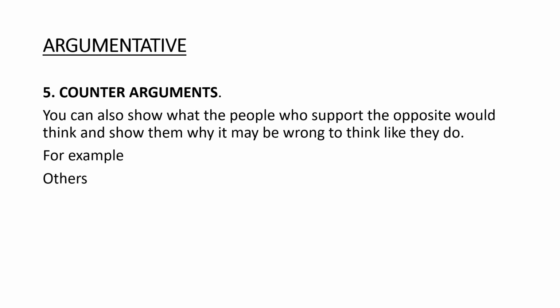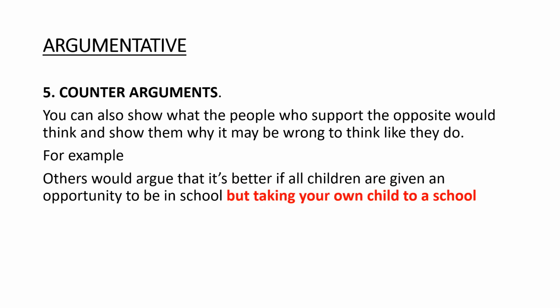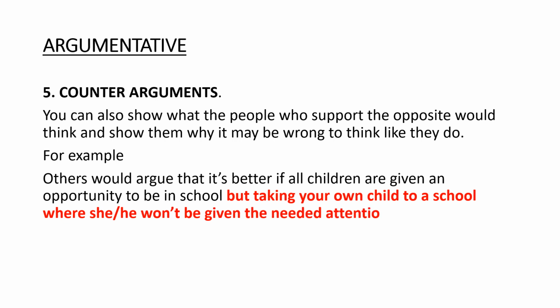Here's an example. Others would argue that it's better if all children are given an opportunity to be in school. But taking your own child to a school where she or he won't be given the needed attention is destroying your own child's future.